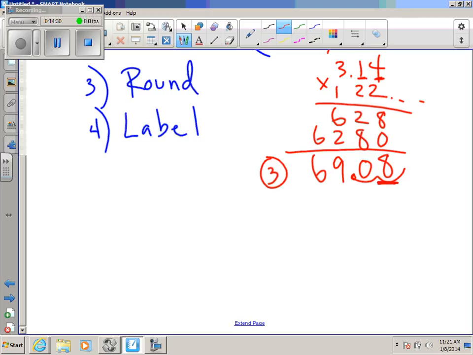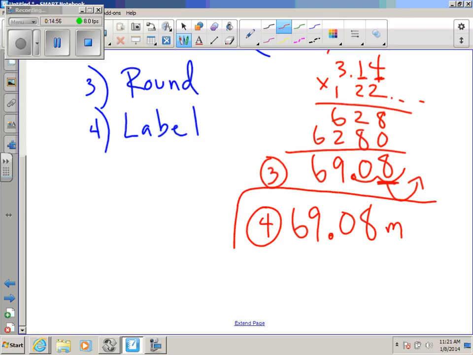This here is my 100th place. 10th, 100th. Is there anything behind that that I can round to the nearest 100th? 0. Is that going to change anything? So step 4 is 69.08, and what's the label? Meters.